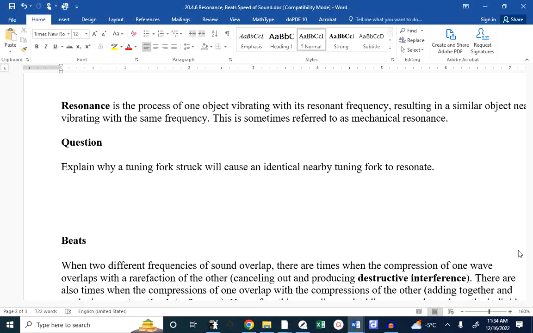Now what we're going to do is talk about beats. So I've got these two tuning forks and they are identical. And what I'm going to do is get them both going at the same time. Big deal, right?